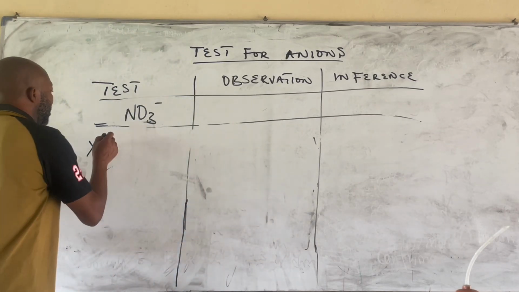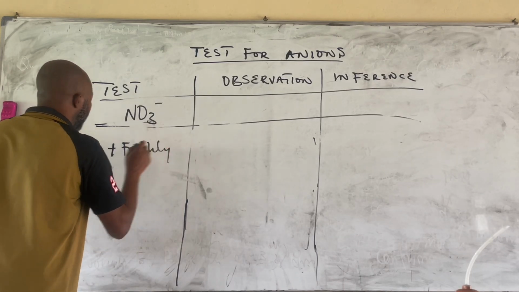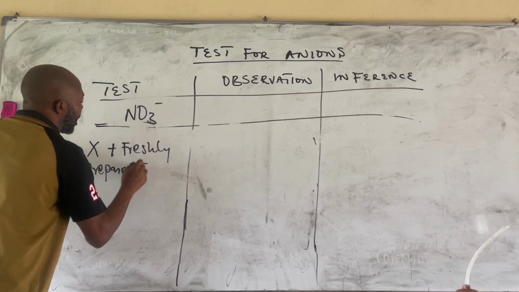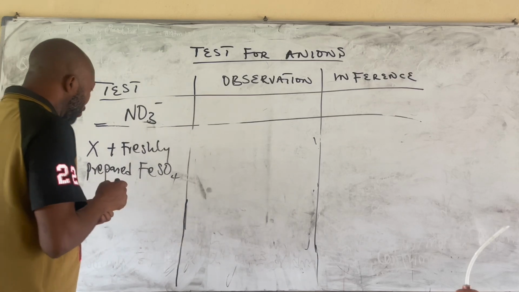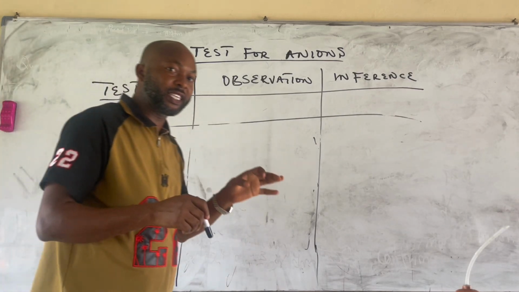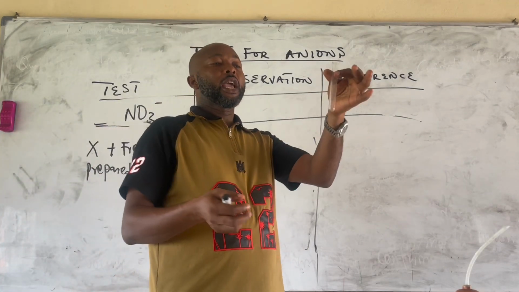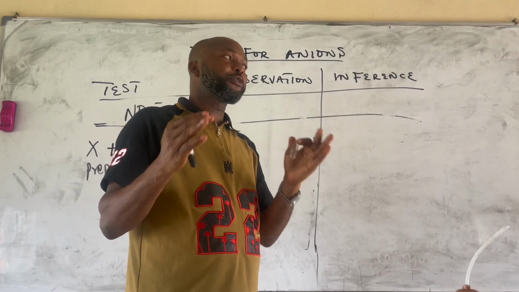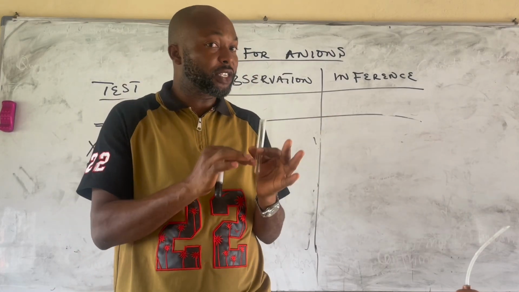Sample X plus freshly prepared iron 2 tetraoxosulfate 6. So if this is my test tube, I have added my sample X here, made a solution. I have to prepare iron 2 tetraoxosulfate 6 freshly and add to it.